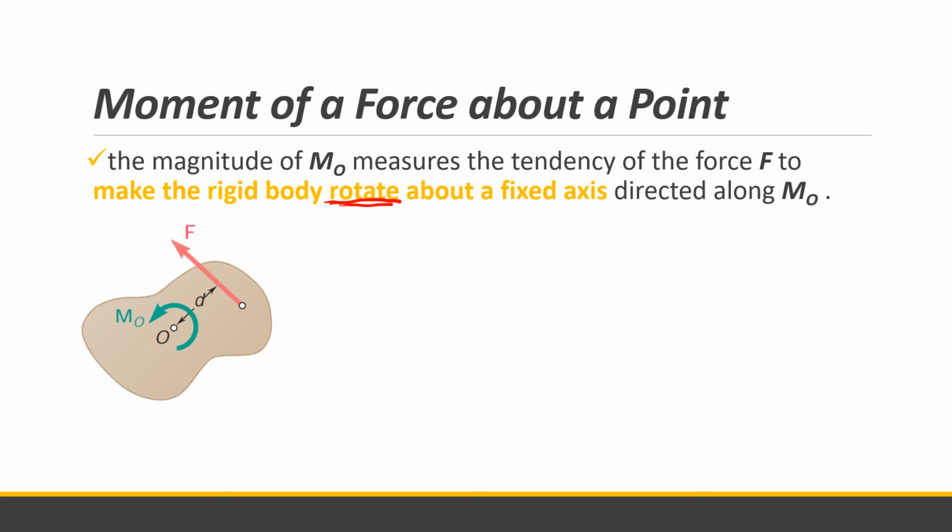So moment at point O is the product of the force applied here multiplied by the distance d from O. So this distance should be a perpendicular distance with respect to the direction of F. So it should always be perpendicular, okay? So kailangan yung d natin is perpendicular to the force F going to point O.